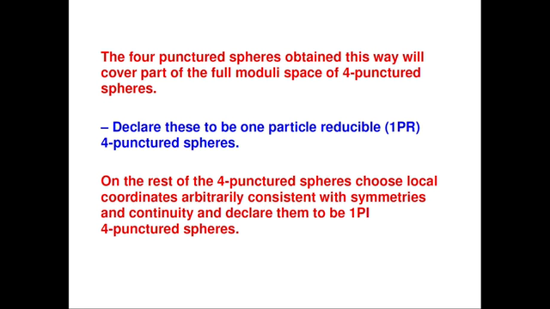The choice is quite arbitrary because you can make this go up and down, which basically means that you can choose the local coordinates in this interior region in an arbitrary way. So, this is how you define the 1PI subregions of P04.